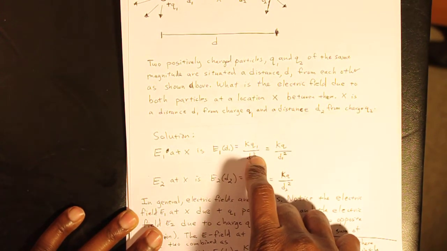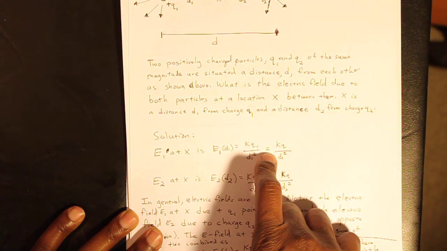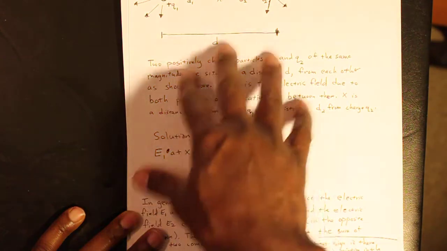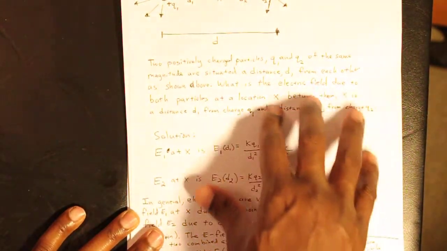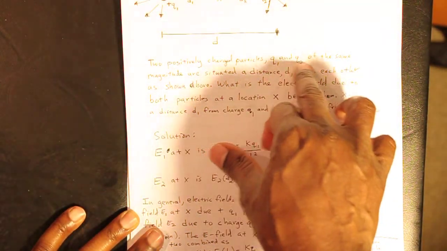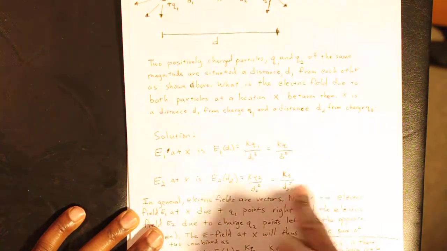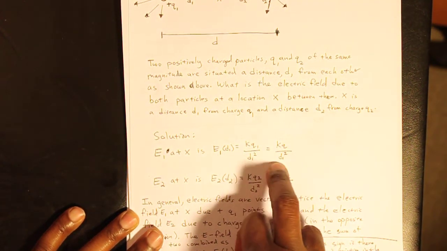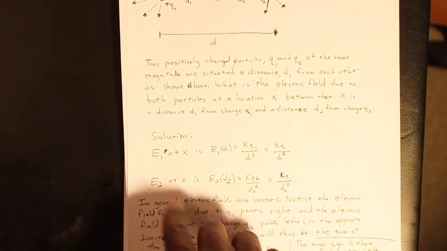by D1 squared. If we substitute in for Q1, say these charges have the same magnitude, so Q1 and Q2 have the same magnitude Q, we replace Q1 with Q here, and we still have D1 here.